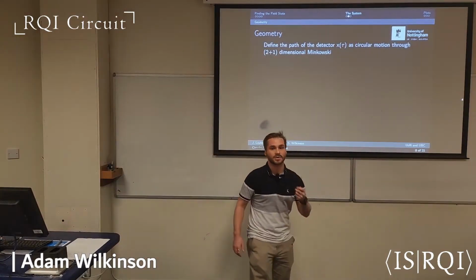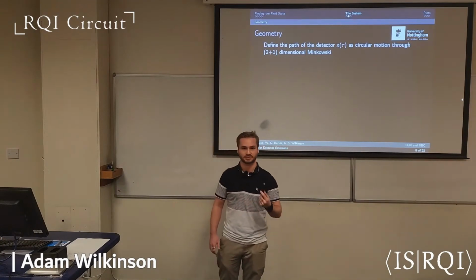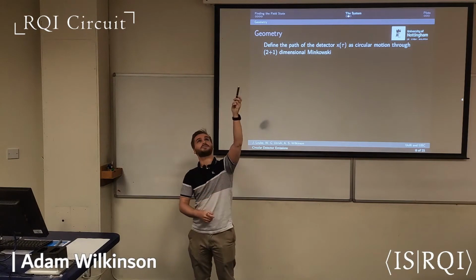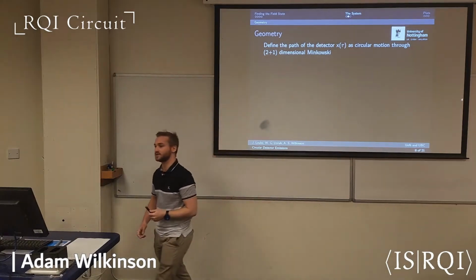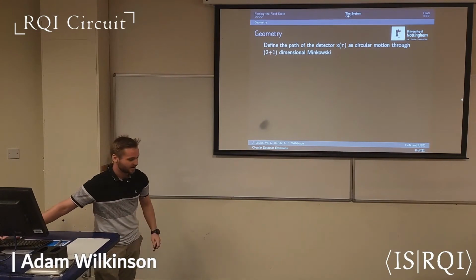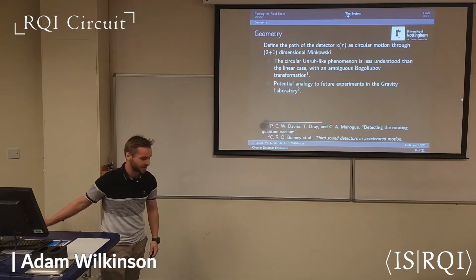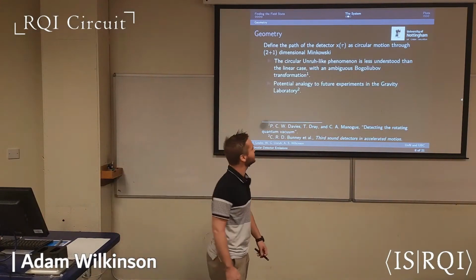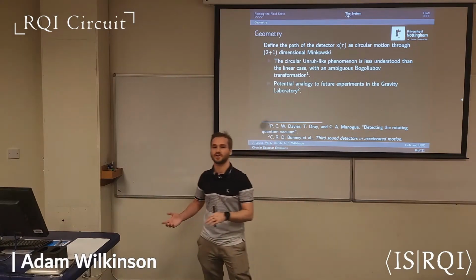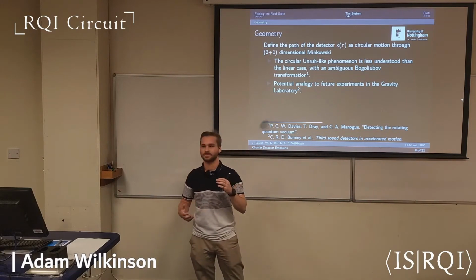I'm working with, as I said earlier, 2 + 1 dimensional circular motion. There is a detector, it goes in a circle through time, it spirals and spirals forever. I think this is a very interesting geometry and trajectory to look at for a few reasons. First of all, the circular equivalent of the Unruh effect is not something that's as well understood.